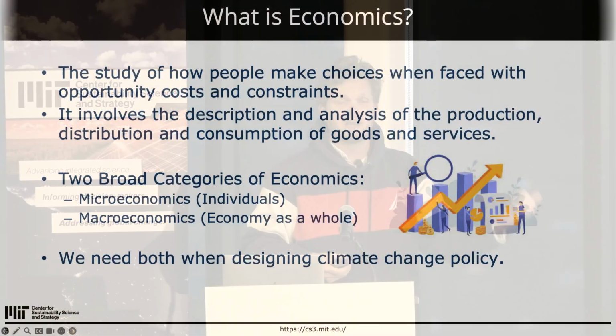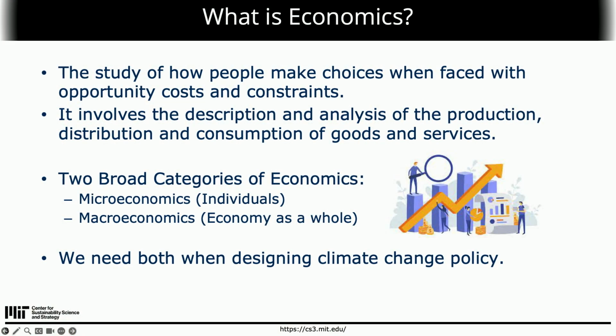Now, within economics, there are two broad categories. The first is microeconomics, and that is individuals making individual decisions. That can be individuals as in consumers, or individual firms making production decisions. So it looks at the very small scale decision making, individual markets, that kind of thing. The second is macroeconomics, so that's the economy as a whole.